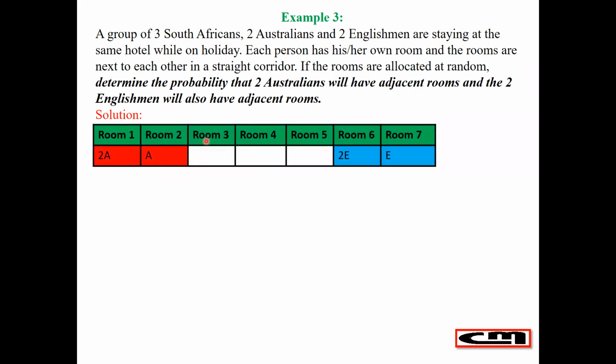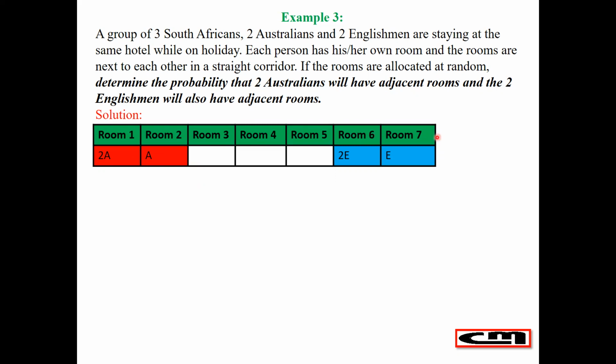My rooms 1 up to 7. 2A, I've put an A to differentiate, to refer to the Australians. Then an A is simply 1 Australian, isn't it? So we are saying in room number 1, they are next to each other. The 2 Australians, any of them can be put in room number 1. Once it's filled, one of them will go into room number 2.